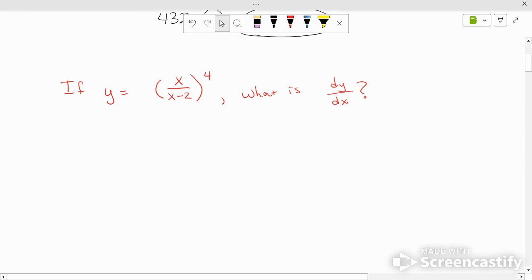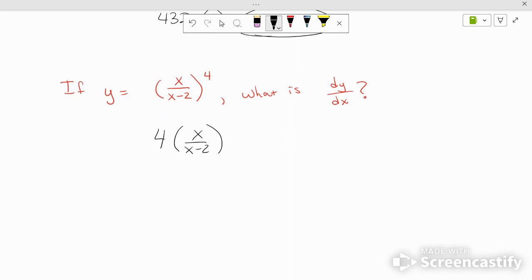Okay, this one. What would this be? Chain rule, quotient rule. Okay? So 4 times x over x minus 2 to the third power times the first derivative of the inside.